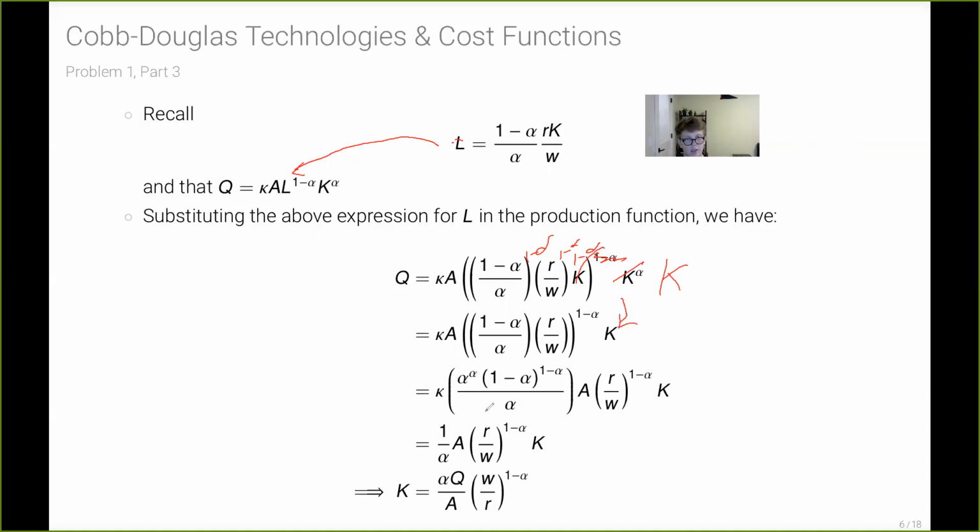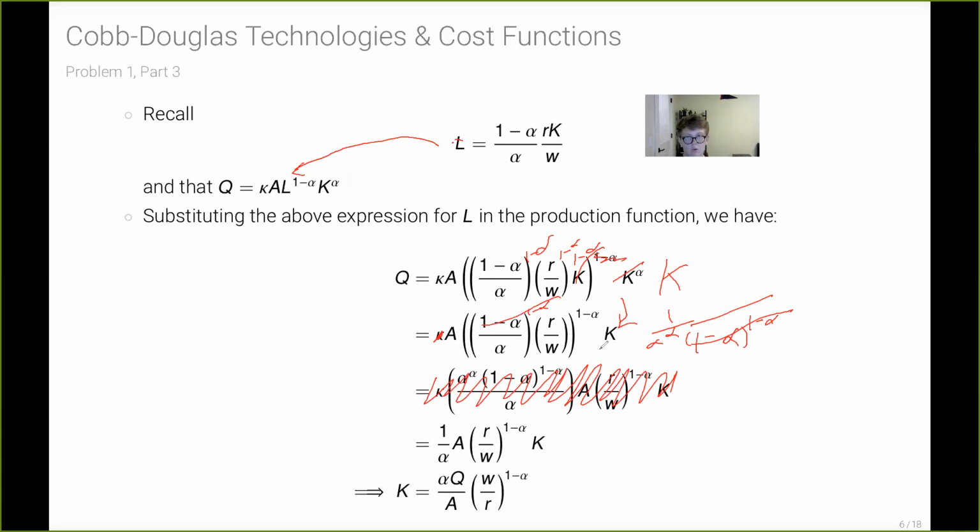To go from this line to this line, actually I'm going to skip this. Let's go straight to the one below. What we can recall is, again, kappa is just equal to 1 over alpha to the alpha times 1 minus alpha raised to the 1 minus alpha. Okay, and so if we bring this term inside, this gives us 1 minus alpha to the 1 minus alpha raised to the 1 minus alpha, so these cancel.